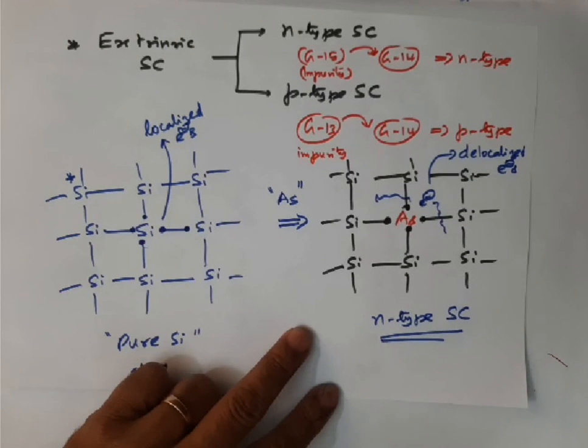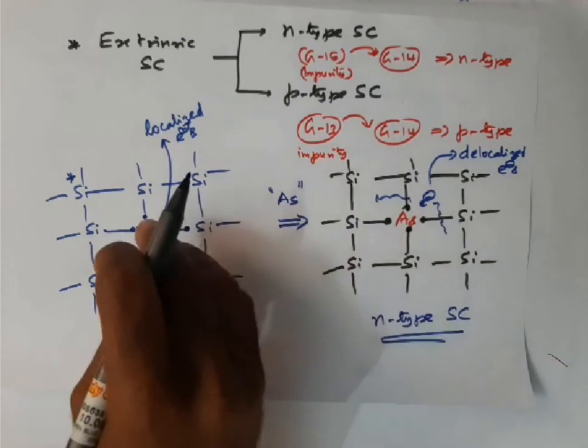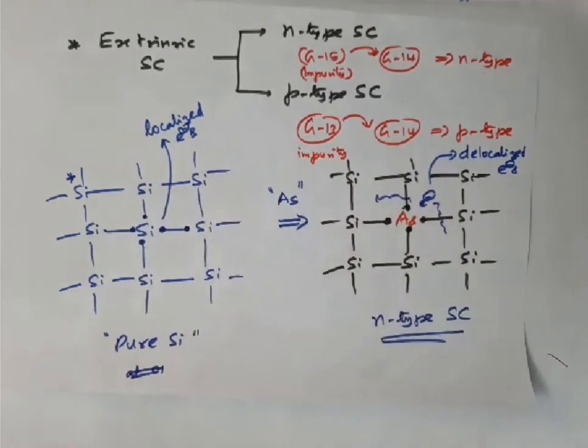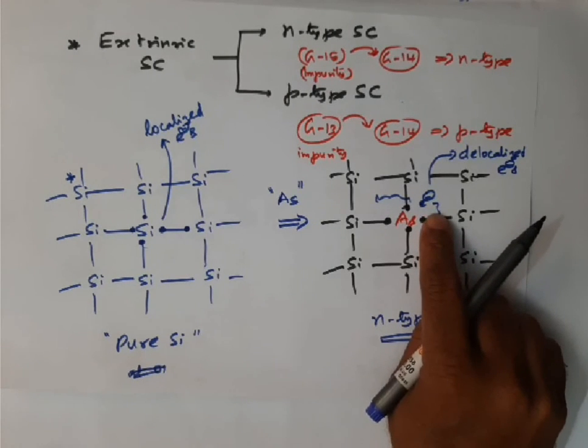Take down: when an arsenic atom replaces some of the silicon atoms in the material, you will get an N-type semiconductor. In an N-type semiconductor, we have free electrons. I'm sorry, we should not call it a free electron. It should be a delocalized electron.